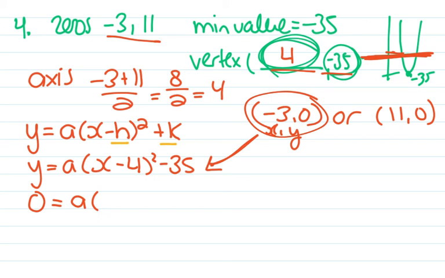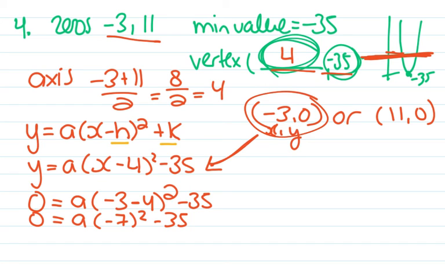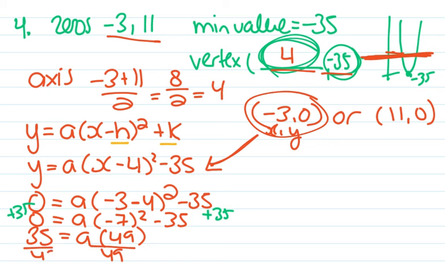So 0 equals a(negative 3 minus 4) squared minus 35. 0 equals a, negative 3 minus 4 is negative 7, squared, minus 35. Now I'm going to add 35 to both sides. Now I have 35 equals a, and then negative 7 squared is 49. Now to get a by itself, I just need to divide both sides by 49.